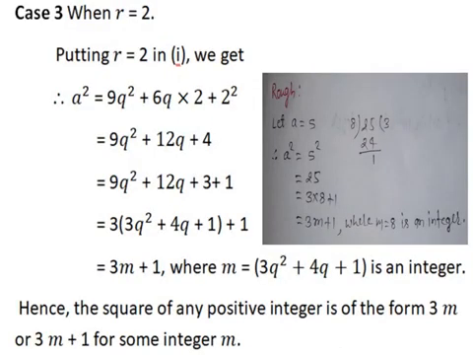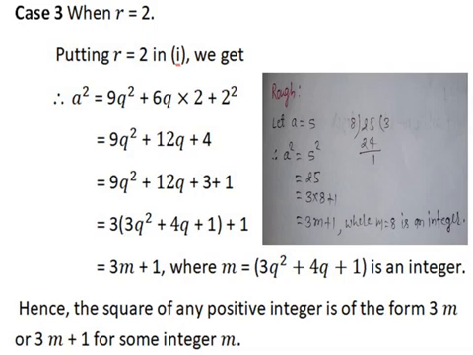Case third, when r is equal to 2, putting r is equal to 2 in equation first, we get a square is equal to 9q square plus 6q into 2 plus 2 square, equal to 9q square plus 12q plus 4, equal to 9q square plus 12q plus 3 plus 1, equal to 3 into (3q square plus 4q plus 1) plus 1, equal to 3m plus 1, where m is equal to 3q square plus 4q plus 1, an integer.